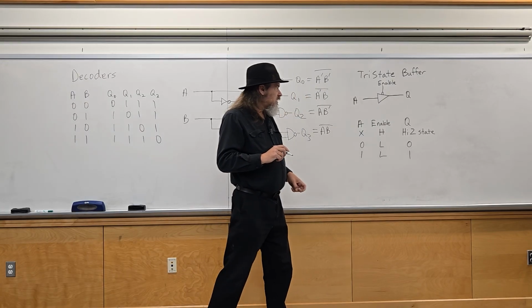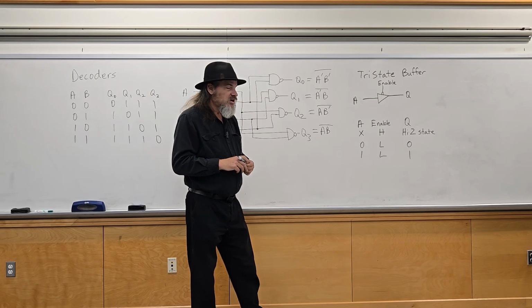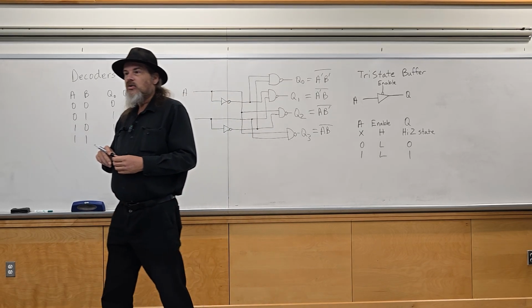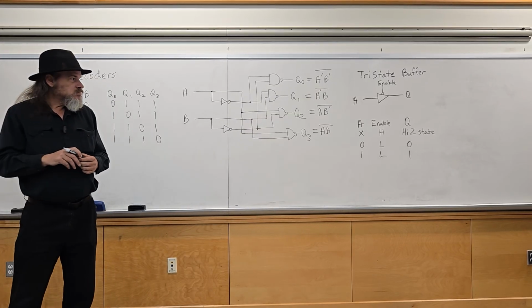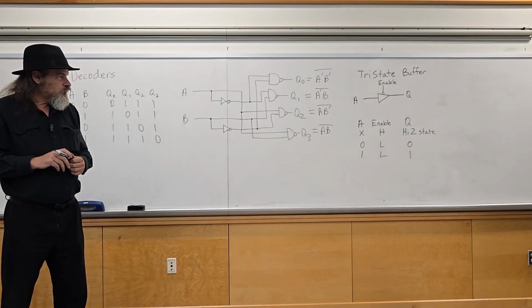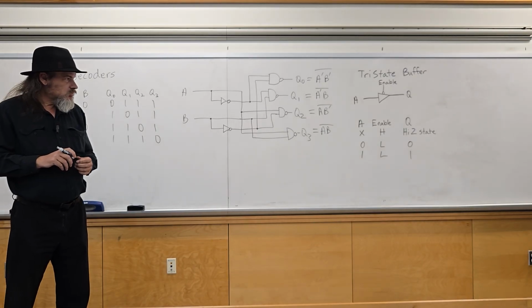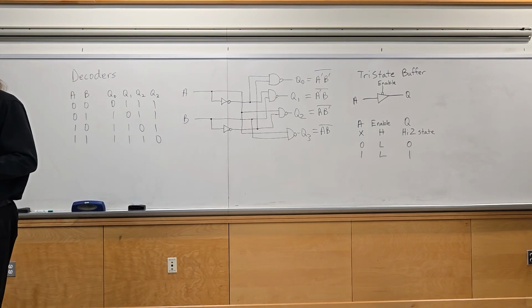So the tri-state buffer has 3 states: no connection, 1, or 0. Where that comes in handy is in the area of buses.